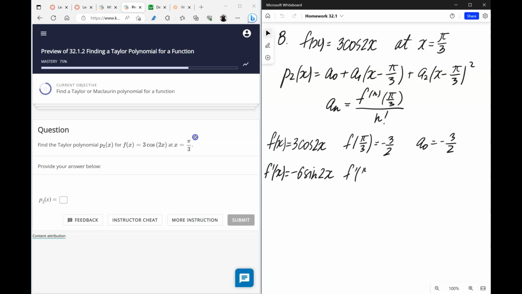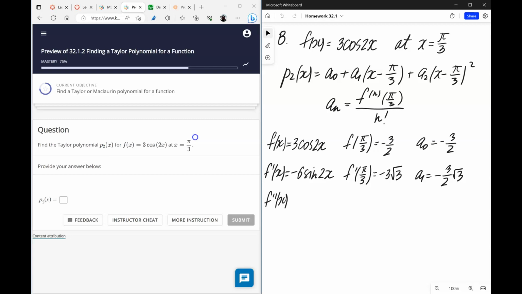Let's evaluate the derivative at pi over 3. Sine of 2 pi over 3 is root 3 over 2, so we have negative 3 root 3. So a1 is equal to negative 3/2 of root 3.